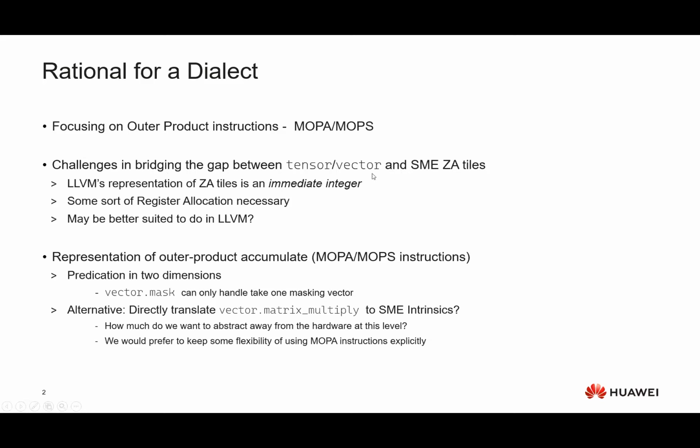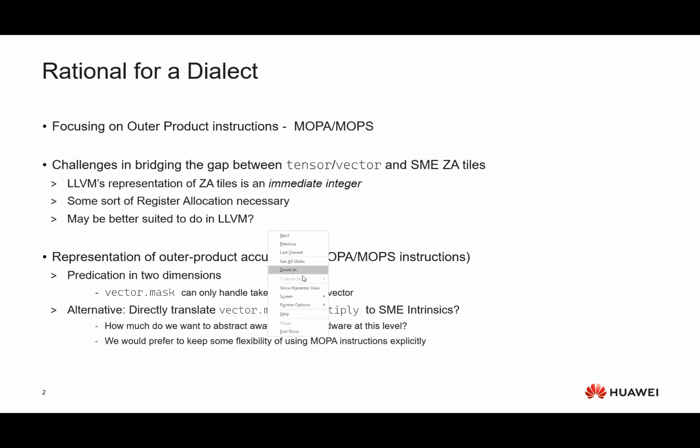I agree with Andres in the sense that we want to reuse as much as we can from the vector dialect, but we also want to keep some of the flexibility that we have with the outer product instructions that SME provides, in particular the predication.